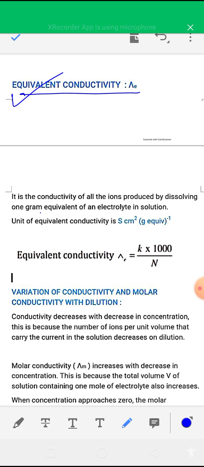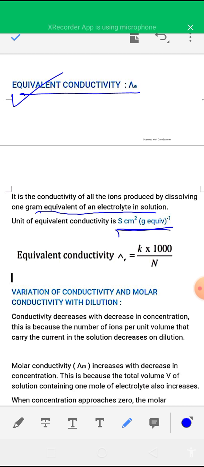It is the conductivity of all the ions produced by dissolving 1 gram equivalent of an electrolyte in solution. The conductivity of a solution containing 1 gram equivalent of electrolyte is known as equivalent conductivity, and its unit is Siemens centimeter square per gram equivalent.